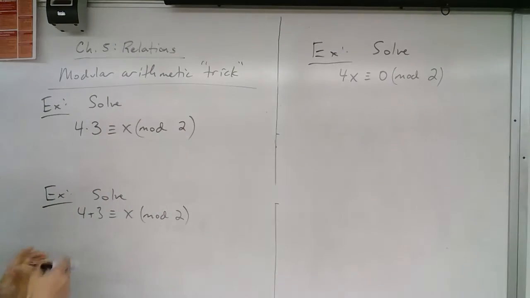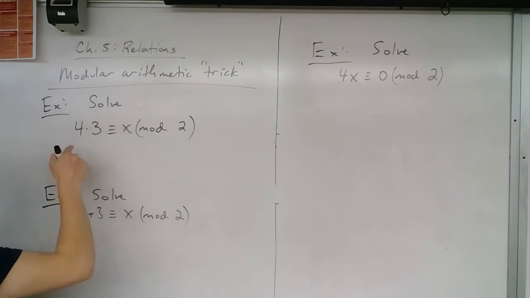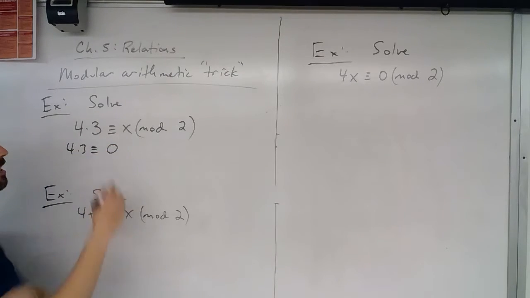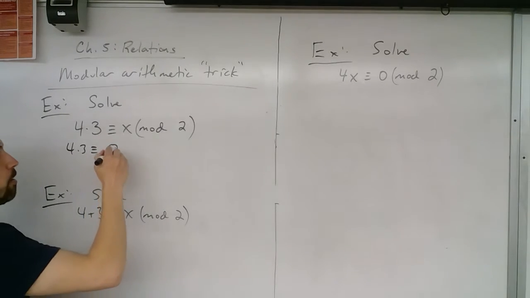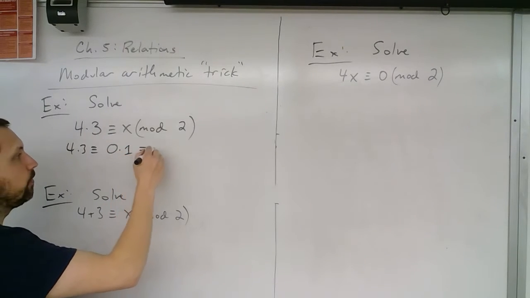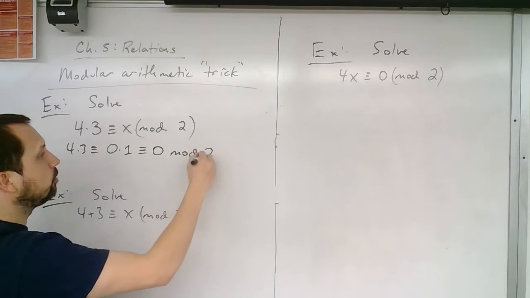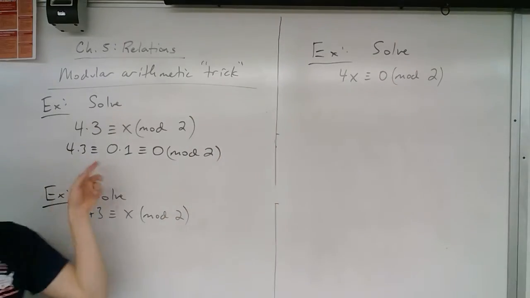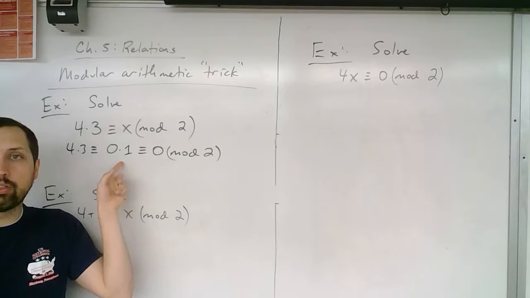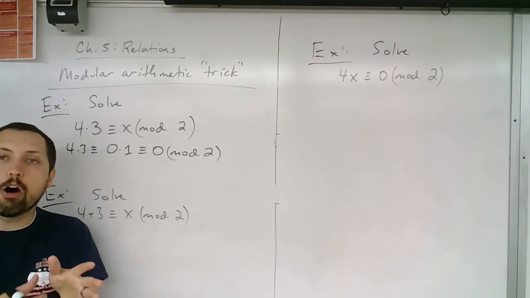So I could state that 4 times 3, reduce 4 mod 2, I get 0. Reduce 3 mod 2, I get 1. And so this is now equivalent to 0 mod 2. So instead of multiplying to get 12, we could just reduce and then allow the smaller numbers to take place.